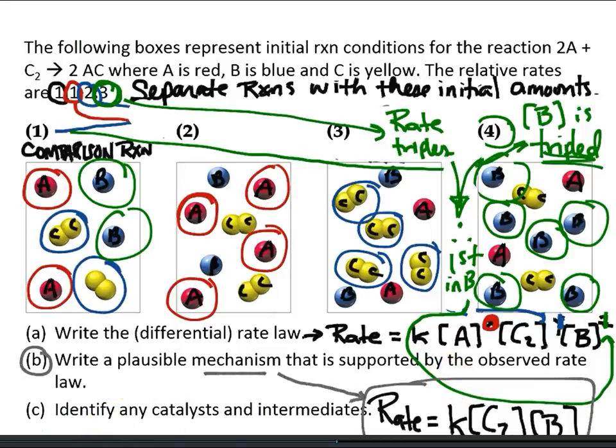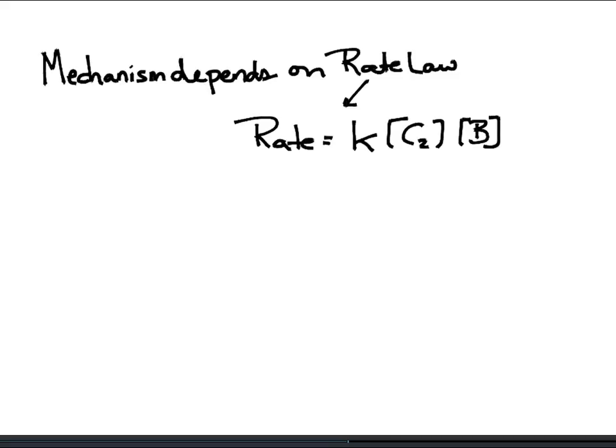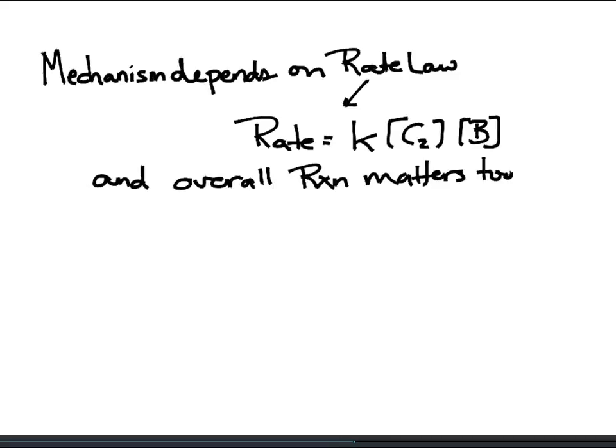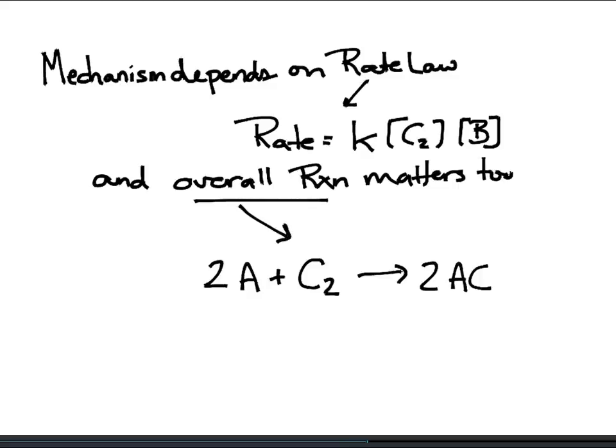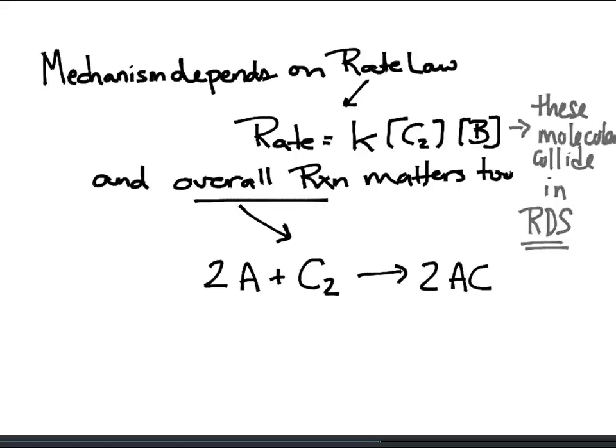The stoichiometry has to be a 1 and a 1, and nothing else can be in the rate determining step. So the mechanism depends on the rate law, and the overall reaction has to be the sum of all the individual reactions. So we have to keep both of those things in mind, the rate law and the overall reaction.